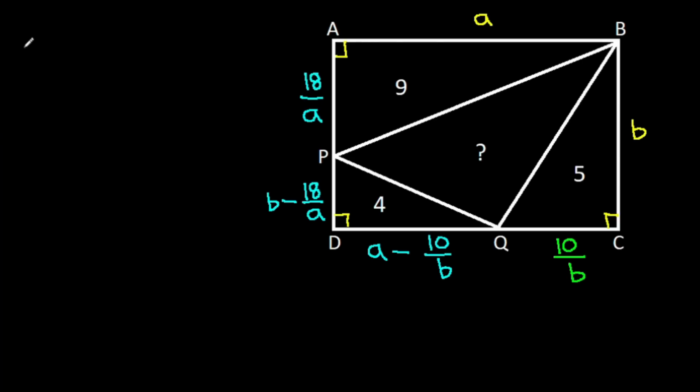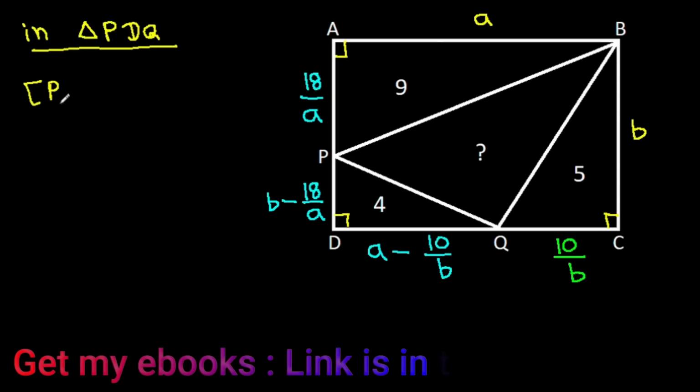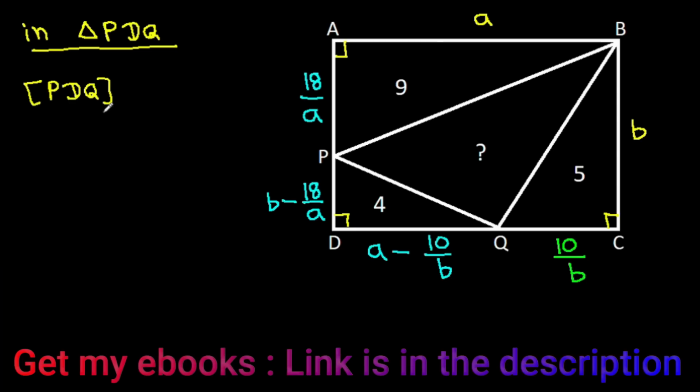Now, in triangle PDQ, we have area of PDQ is 4 and it will be 1/2 times base DQ times height PD.